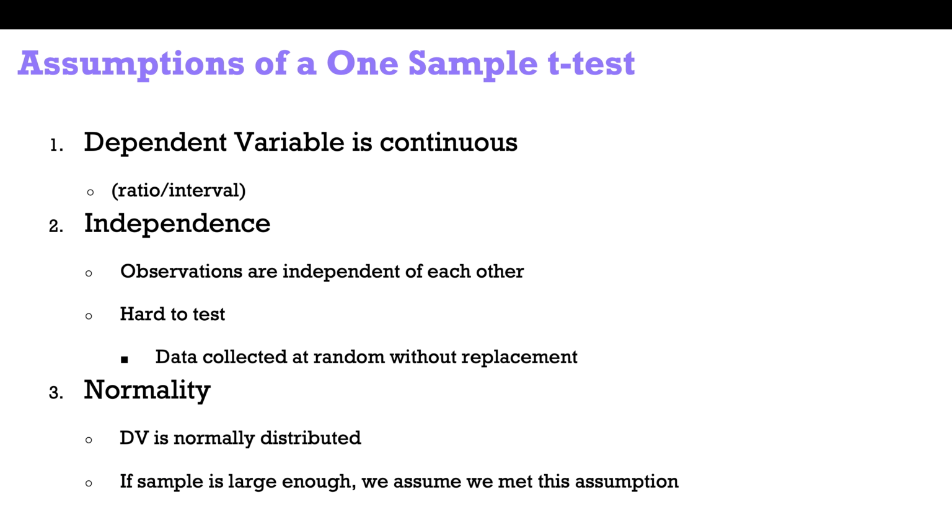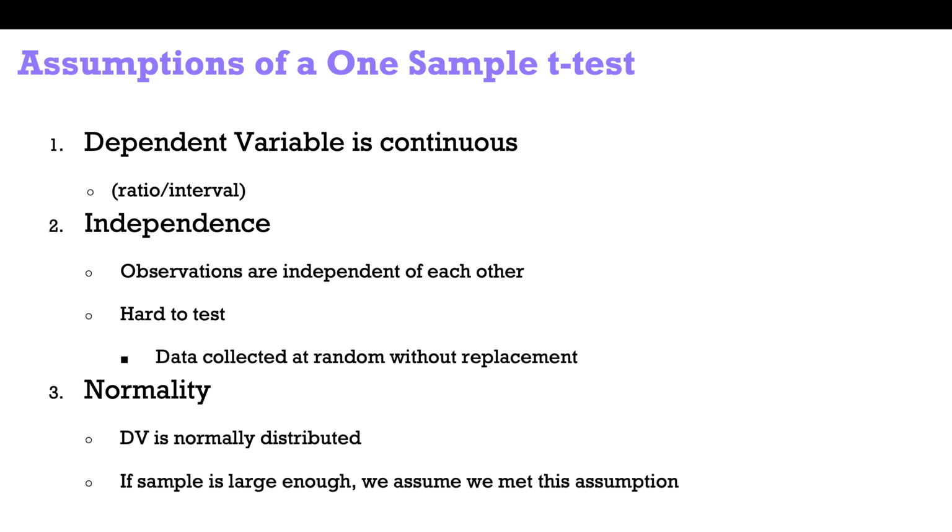When we're running statistical tests, there are a number of assumptions that each test has. A one sample t-test has 3 assumptions. The first is that the dependent variable, or income level for our Tennessee resident example, is continuous. Okay, so it's either on a ratio or interval scale. Next, we have the assumption of independence. Our observations are independent of each other.